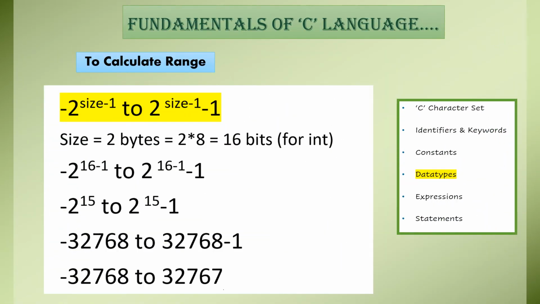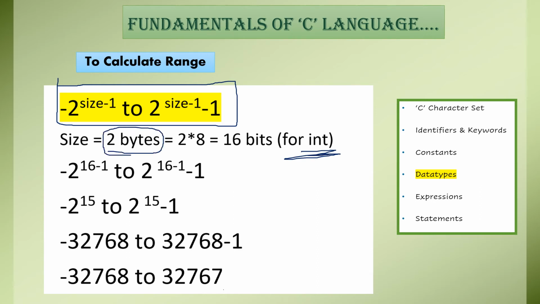Now how are we going to calculate the range? In case of any data type, the formula is this: minus 2 raised to power size minus 1 to 2 raised to power size minus 1, minus 1. Like in case of int, 2 bytes size, 2 into 8, that means 16 bits.